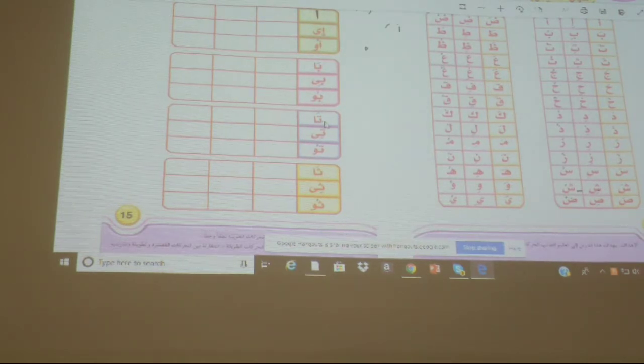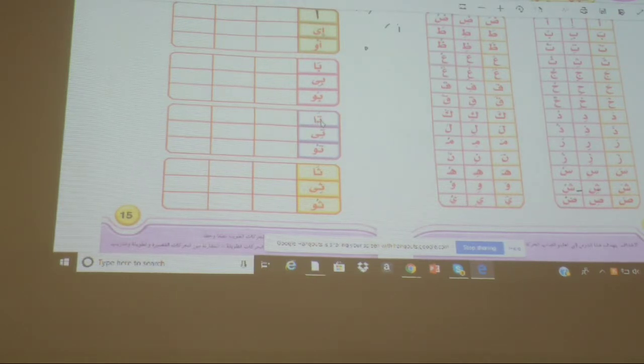Here we learn how the ta looks at the beginning of a word or letter when it connects to the second letter. Ta, ta, and then alif, ta.